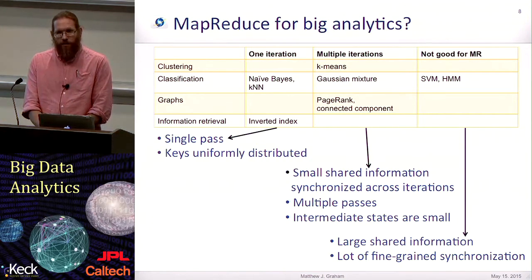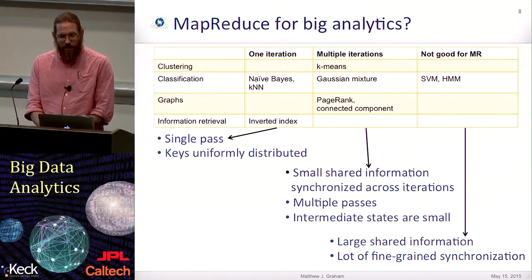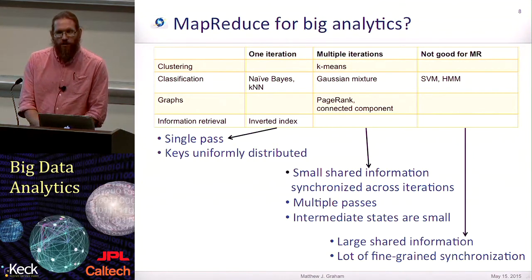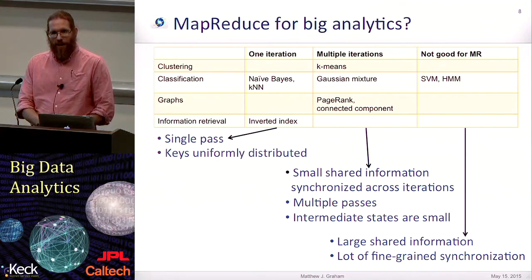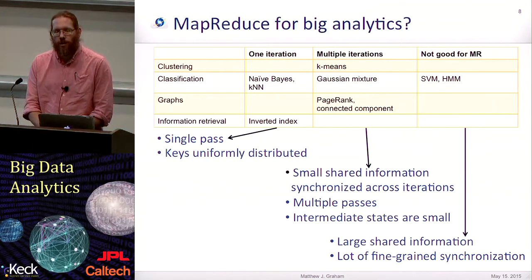Some of the algorithms only require a single iteration, and that's perfectly fine for MapReduce. But when you start having algorithms where you need multiple iterations through the data, or where you need to persist information between iterations, or there is some notion of shared memory, shared information between iterations, then this becomes difficult for MapReduce.